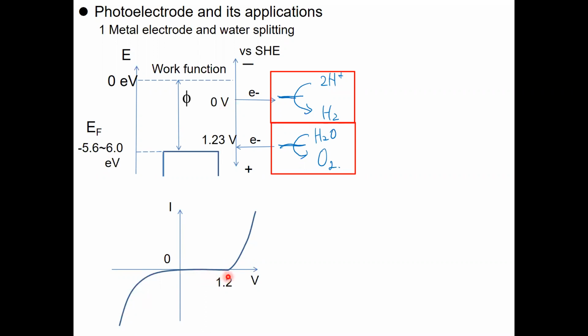On the other hand, by applying the anodic positive potential over 1.23 volt, it gives a positive current, meaning the electron is accepted to the electrode.